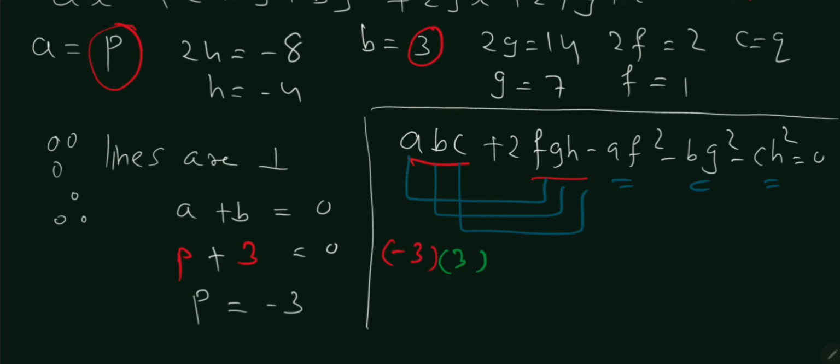Right, so we just substitute all those values plus 2fgh, value of f we have found to be equal to 1, value of g we have found to be equal to 7, value of h is minus 4, minus af square, that means minus 3 into 1 square.